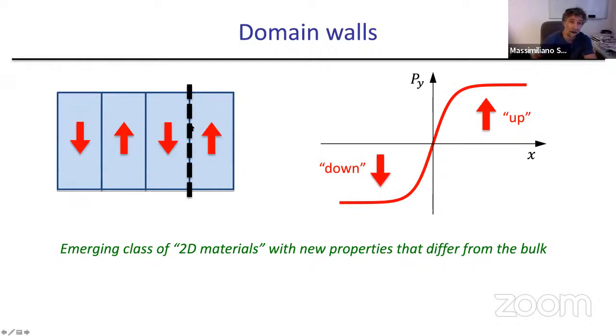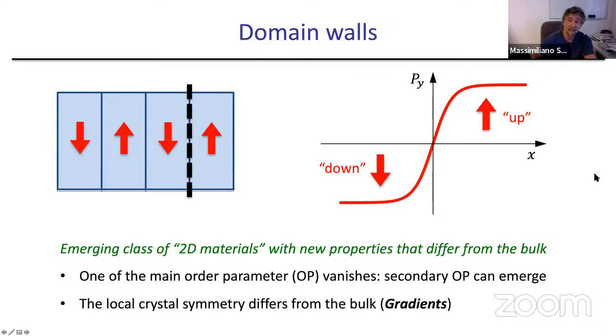So at a domain boundary, we have the order parameter, which is the polarization in this case, switching sign from a down polarization on one side to an up polarization on the other side. And this means two things, actually. Right at the domain wall, the main order parameter vanishes, which means that secondary degrees of freedom can emerge and contribute to the functional properties of this structure.